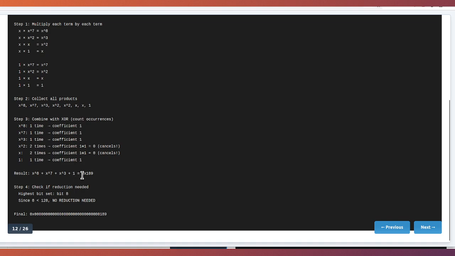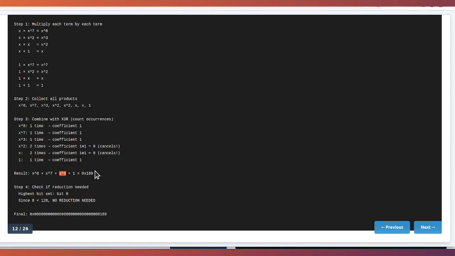In hex, x to the 8th is bit 8, which is 0x100. X to the 7th is bit 7, which is 0x80. X cubed is bit 3, which is 0x08. 1 is bit 0, which is 0x01. Combining these, 0x100 plus 0x80 plus 0x08 plus 0x01 equals 0x189.